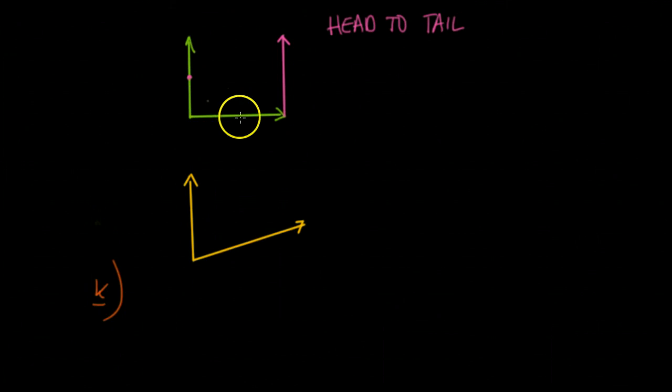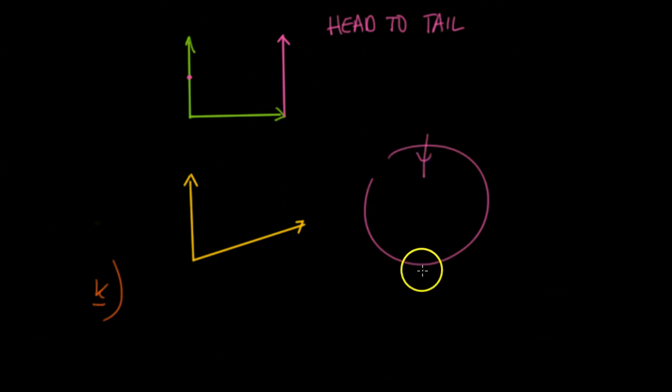This one acts up, so wherever I put it, it's going to act up. So you can think of gravity, for example, as a vector that always acts towards the center of the Earth, right? If this is the Earth, then the vector is always going to point towards the center of the Earth. Now, well, that example is actually slightly different, because depending on where you are, that's going to change, right?